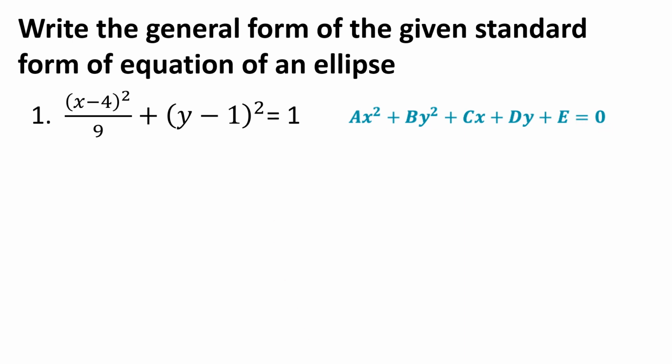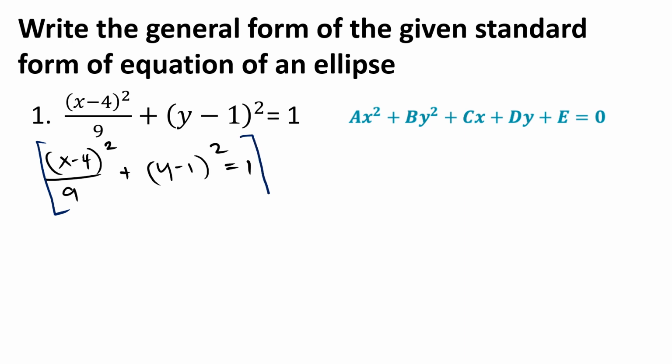So we write it this way: (x minus 4) to the power of 2 over 9, plus (y minus 1) squared is equal to 1.